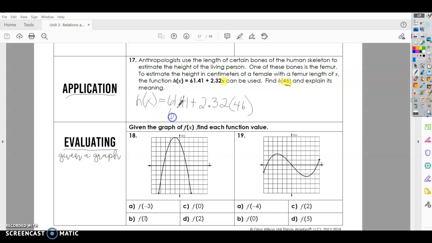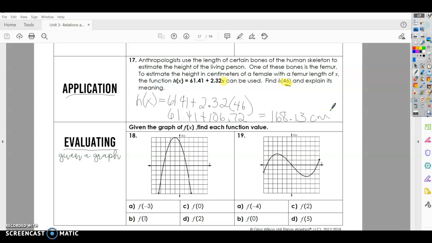So I'm going to have 61.41 plus 106.72. Now if I add those two numbers together, I get 168.13.